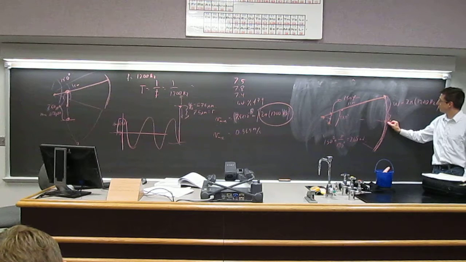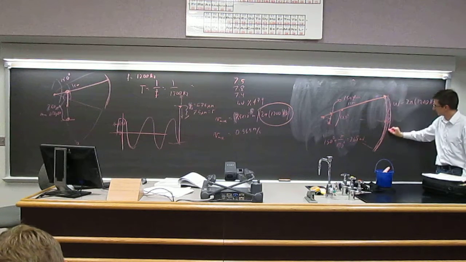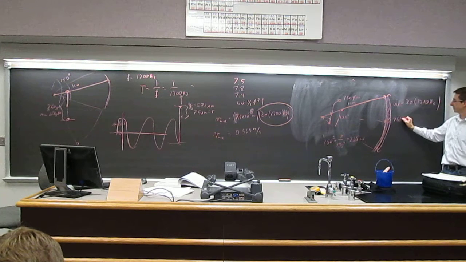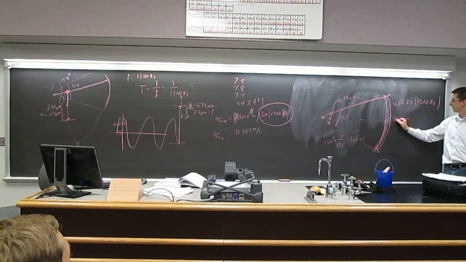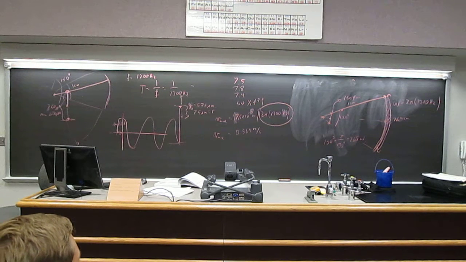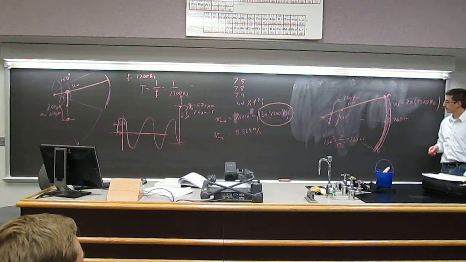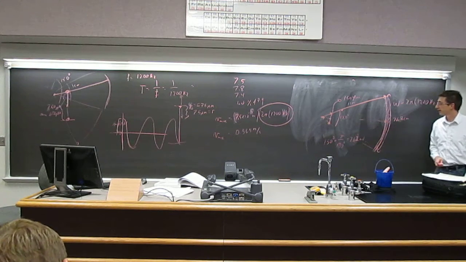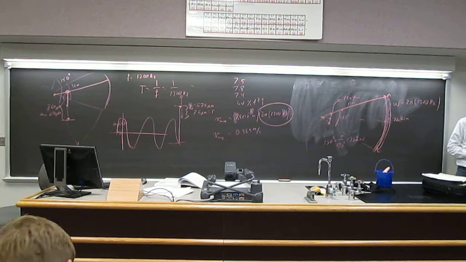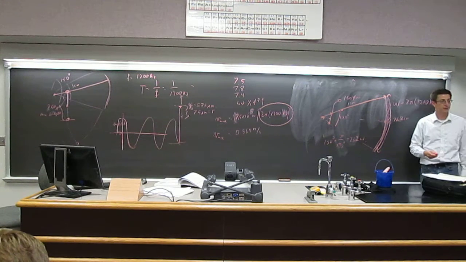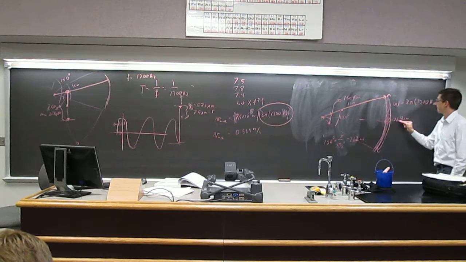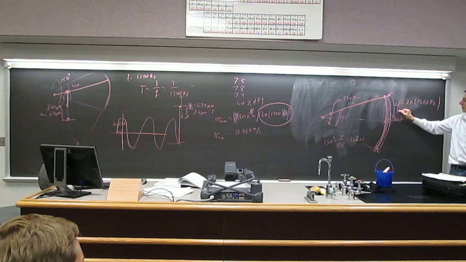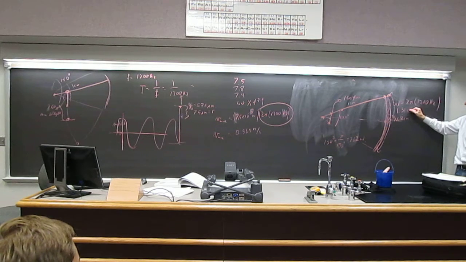So this distance moved on that arc would be 2.62 centimeters. So the amplitude of motion would be half of that, right? So half of that, this distance here would be 1.31.